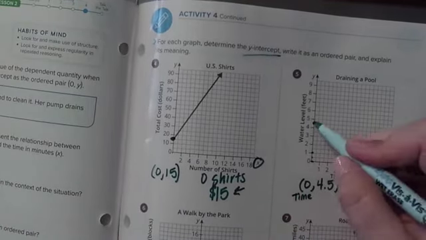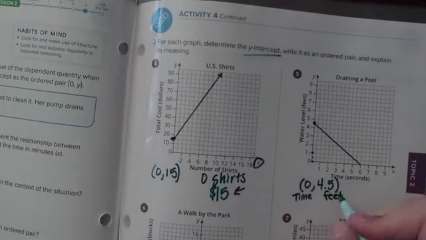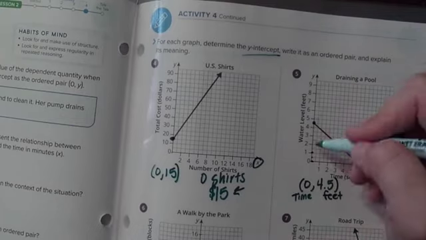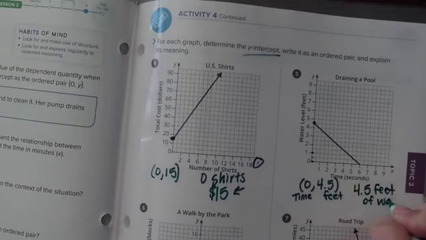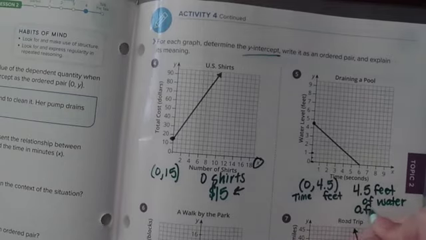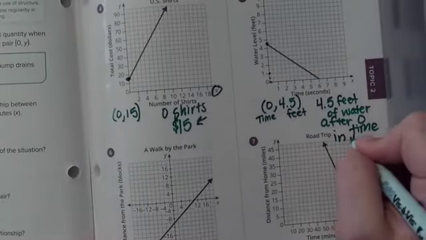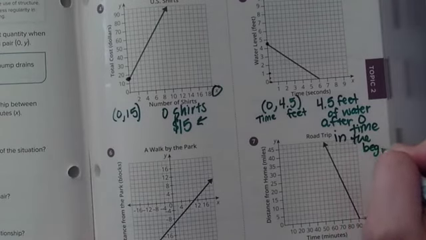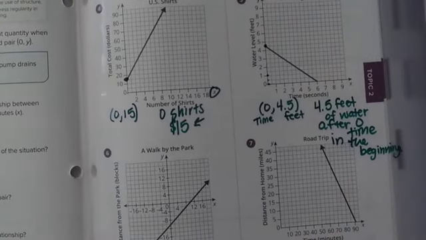The 4.5 is the water level in feet. Our y-intercept is where it crosses the y-axis. So there is 4.5 feet of water after 0 time. So in the beginning there was 4.5 feet.